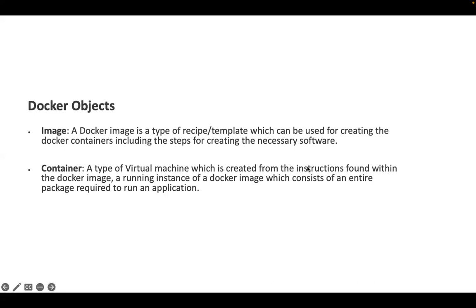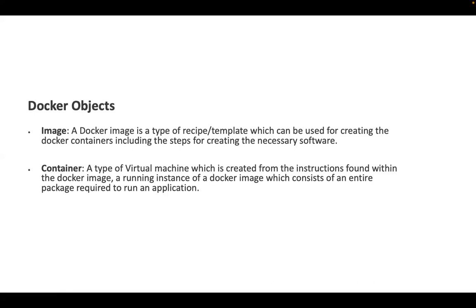Okay, so we have these two Docker objects. One is the image. So what is the image? As I said, a Docker image is a type of recipe or template which can be used for creating Docker containers, including the steps for creating the necessary software.